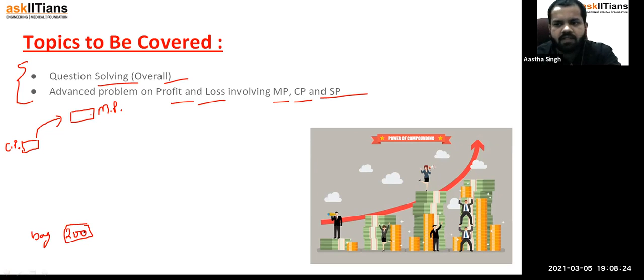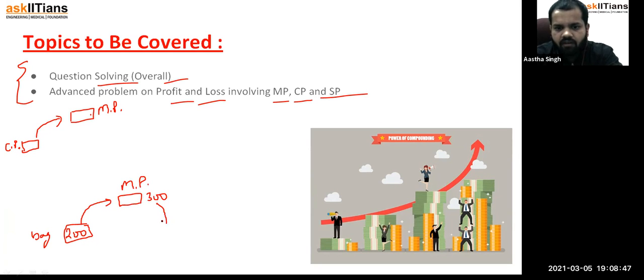The shopkeeper obviously will not sell this bag at 200. He will make it higher, let's suppose 300. So 300 will be its market price.